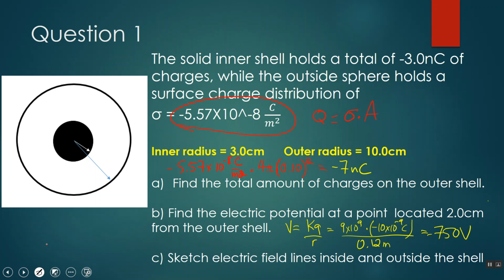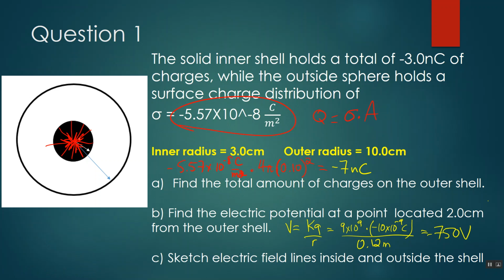If it were a totally negatively charged, uniformly charged insulating sphere, what would it look like? Charges everywhere, they're negative, what would the electric field look like? I'm just going to show it to you.